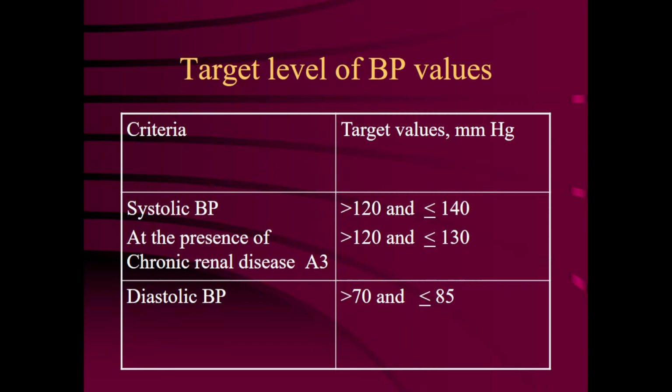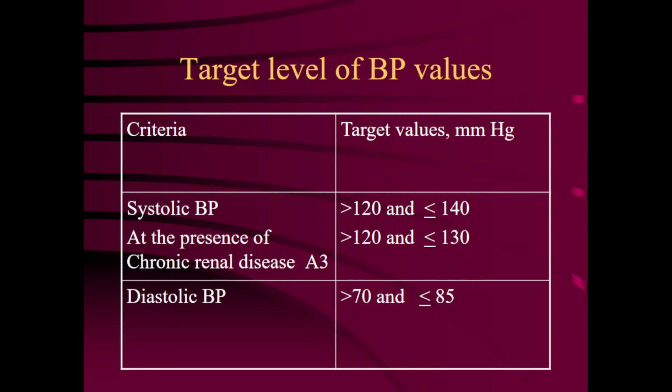And if there is the presence of chronic renal failure, chronic renal disease, and the degree is group A3, albuminuria, you should remember, 3. So the target value should be more strict, more than 120 and less or equal to 130. You should remember.